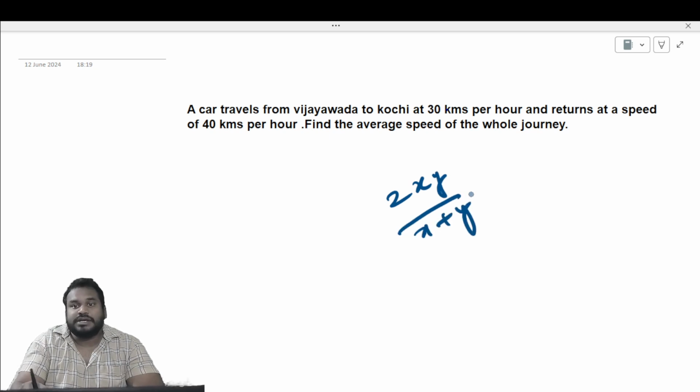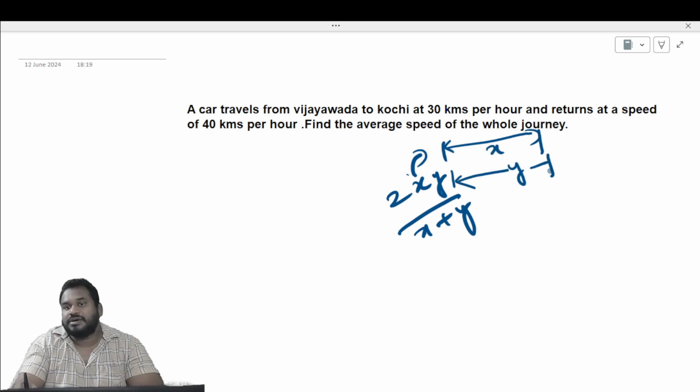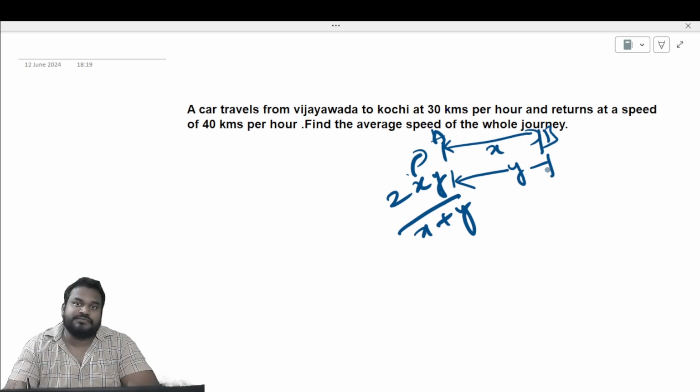Here x is the speed with which he is going from here to here. So if he is coming with the speed of y from here to here, there are 2 points, A and B. If he is going with the speed of x from A to B and y from B to A, then definitely you can use the formula 2xy by x plus y.